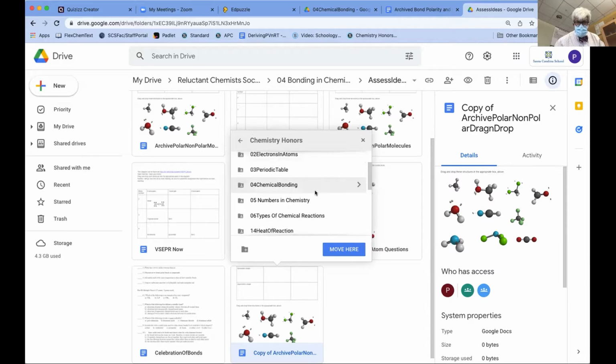Make a polar molecule, any polar molecule you like.